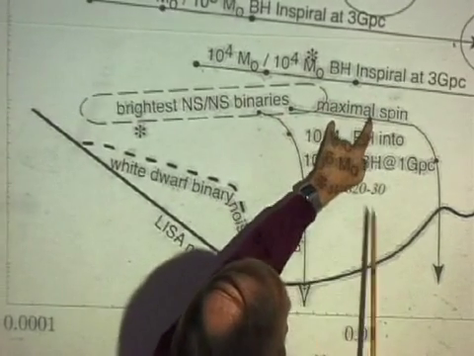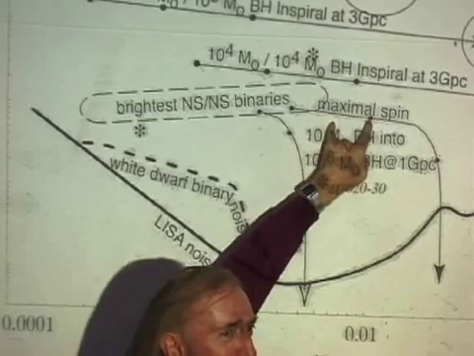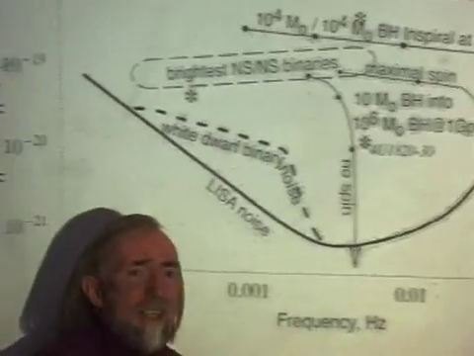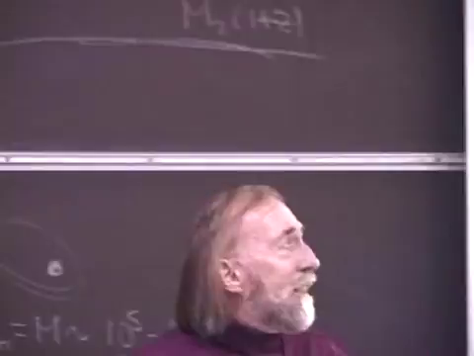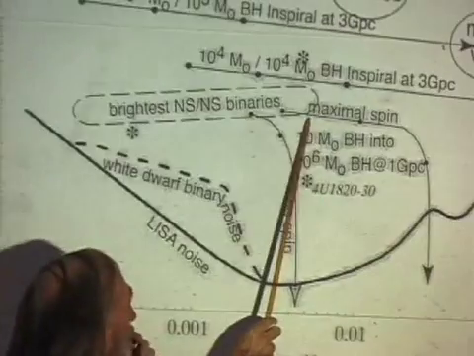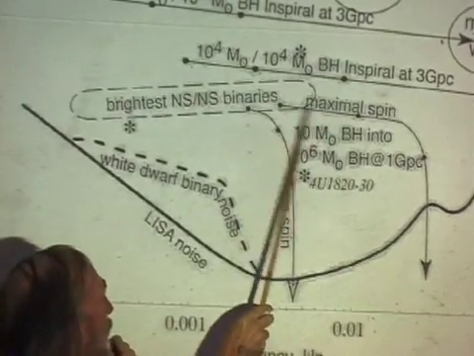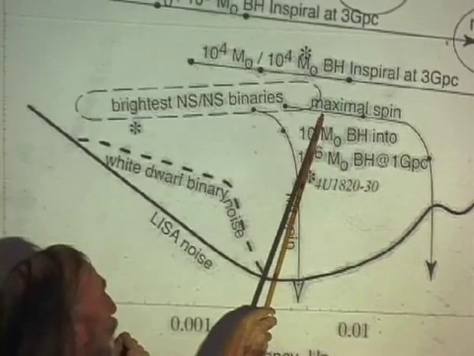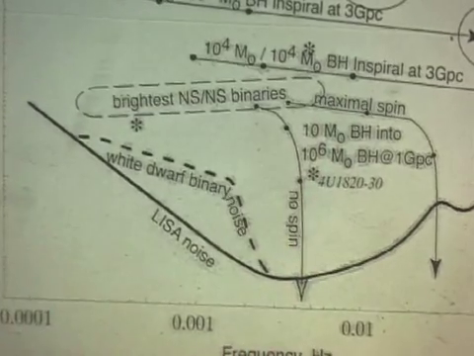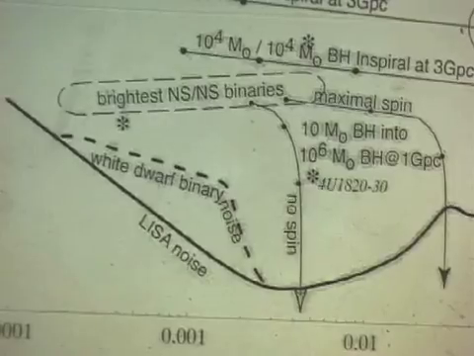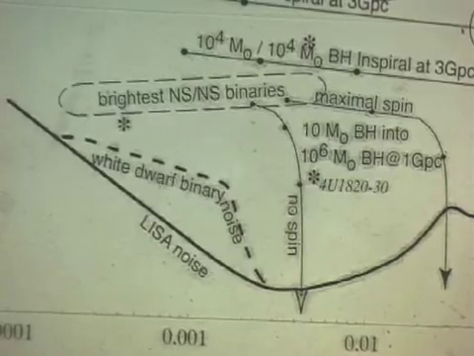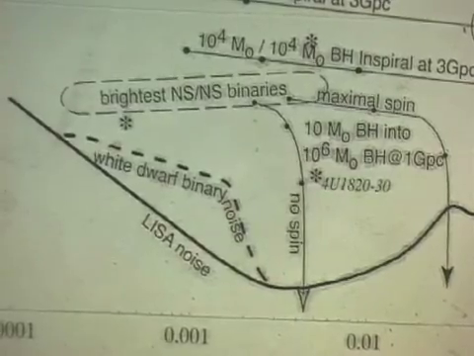From there to there, maybe 90 or 80. Although you have more cycles out here, you have a weaker signal, and they more or less balance in signal-to-noise ratio. Get lucky that way.